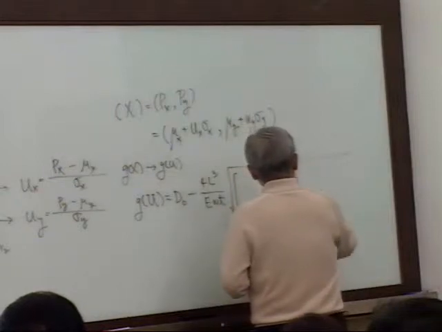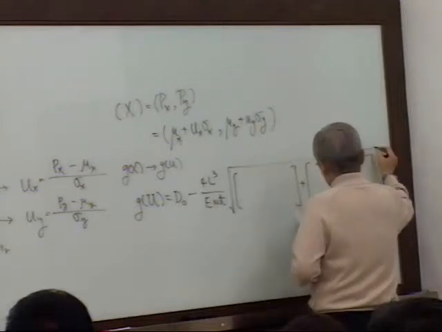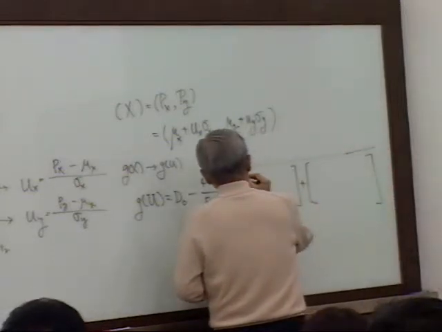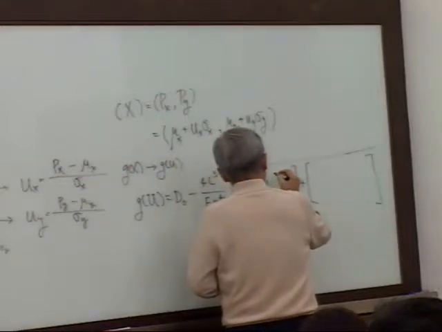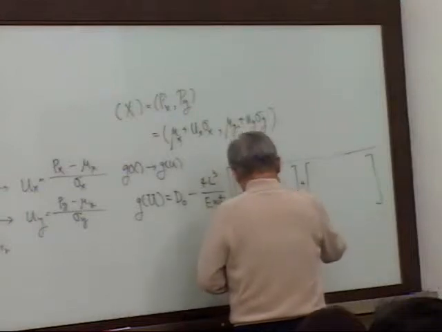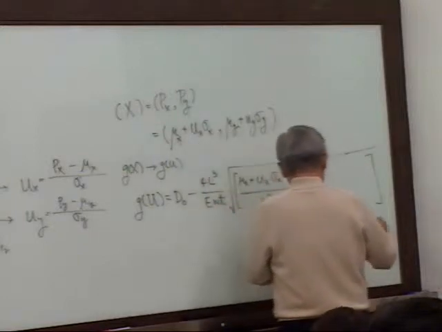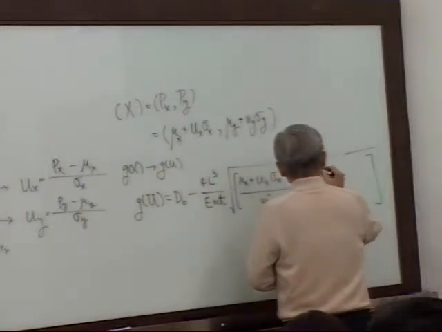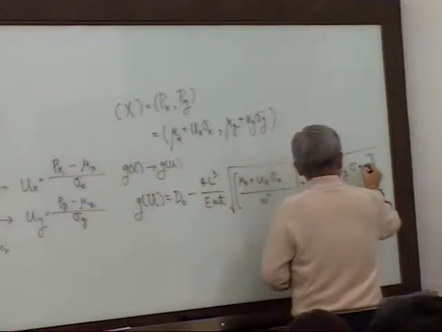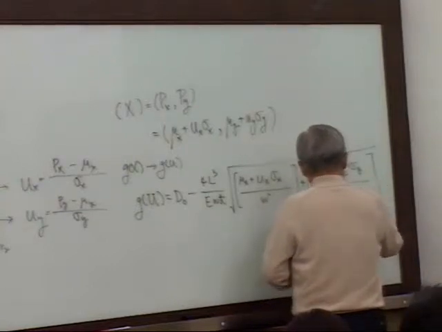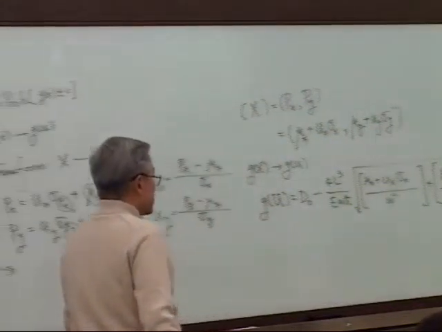And you have two terms: mu x plus Ux sigma x over w squared, where w is the width of the beam cross section, and mu y plus Uy sigma y over t squared. Check whether any part is wrong.